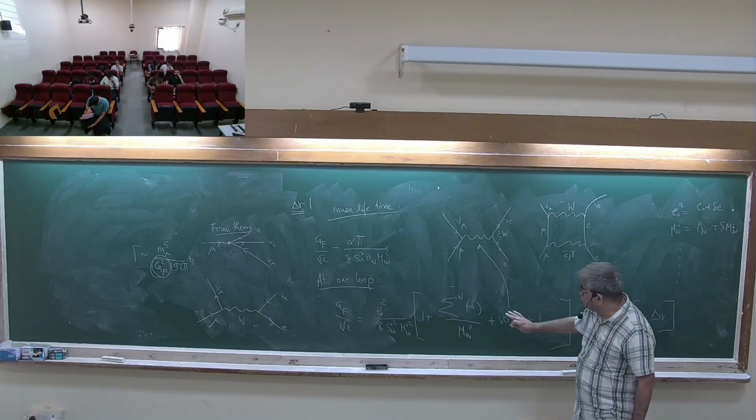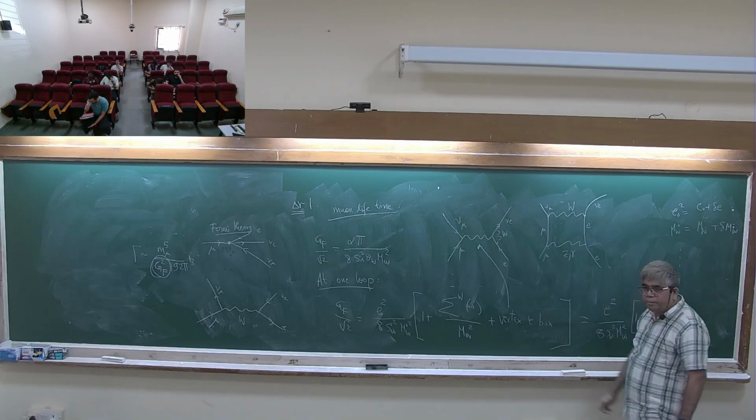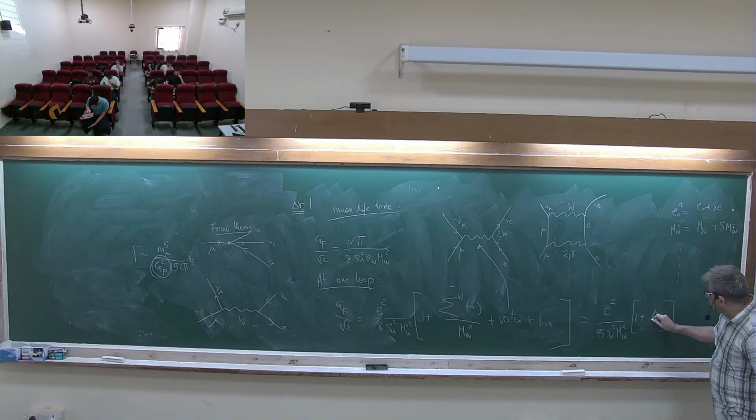So it includes vertex plus box plus self-energy. So this entire contribution is called delta R.